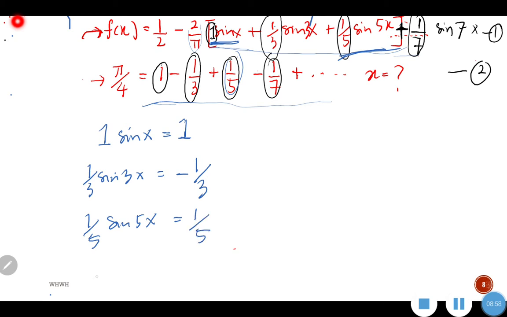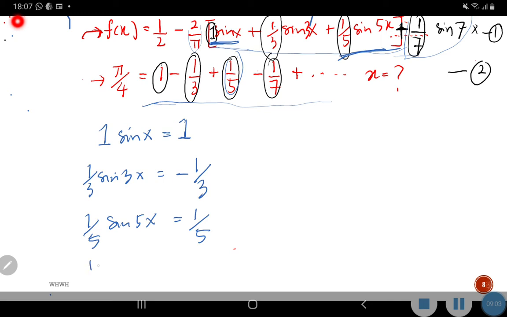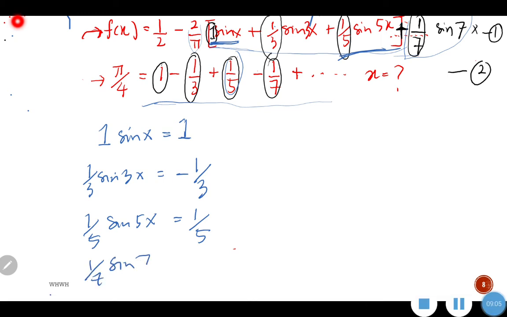And kalau nak puaskan hati, kita boleh pergi sampai the fourth term ni, kita tambah je lagi. 1 over 7 sin 7x is equals to negative 1 over 7. So, boleh tak kita cuba cari what value of x that will satisfy all these 4 equations.